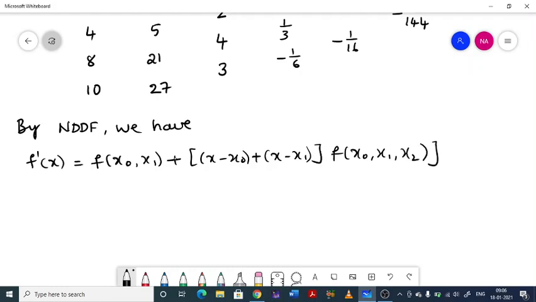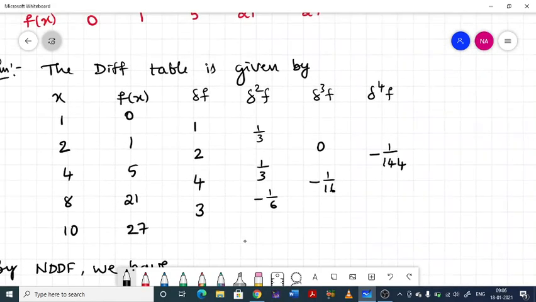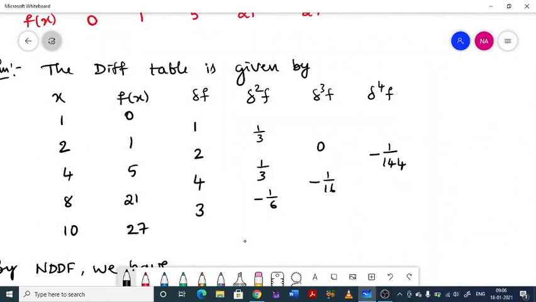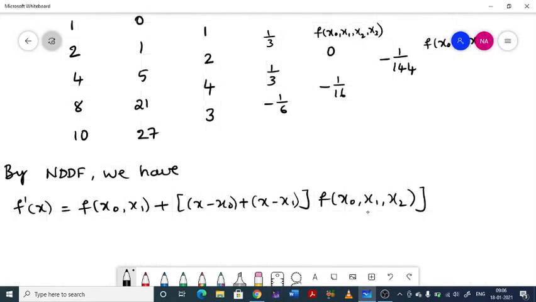Now plus the difference. This is f of x0 comma x1, f of x0 comma x1 comma x2, f of x0 comma x1 comma x2 comma x3. This one f of x0 up to x4. So I have to write the formula up to 4.